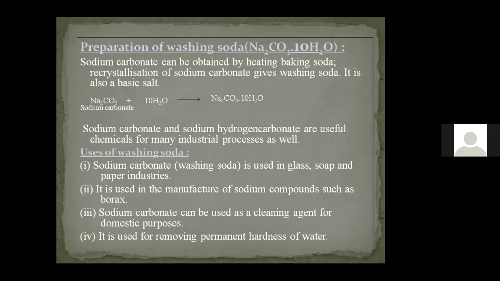That is how we can remove the permanent hardness of the water, which is very important when we use soap for cleansing. So this is regarding the preparation of washing soda and uses of washing soda.